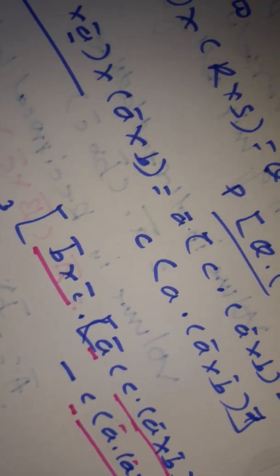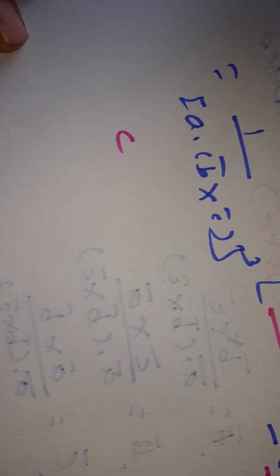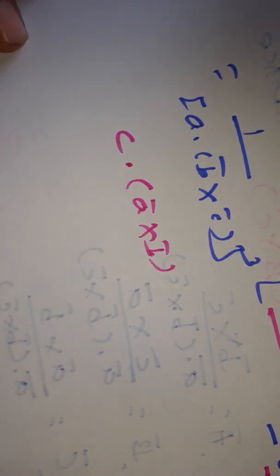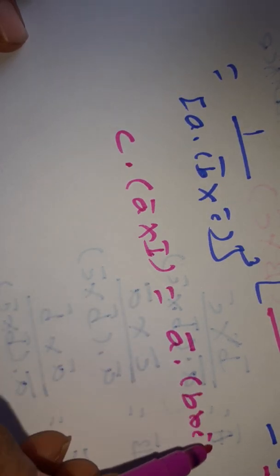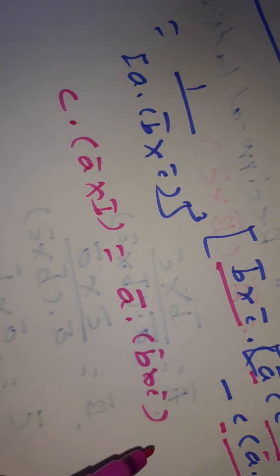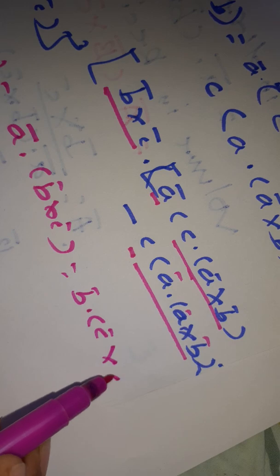Now we consider one property, that is C bar dot A bar cross B bar is equal to A bar dot B bar cross C bar. It is also written as B bar dot C bar cross A bar.